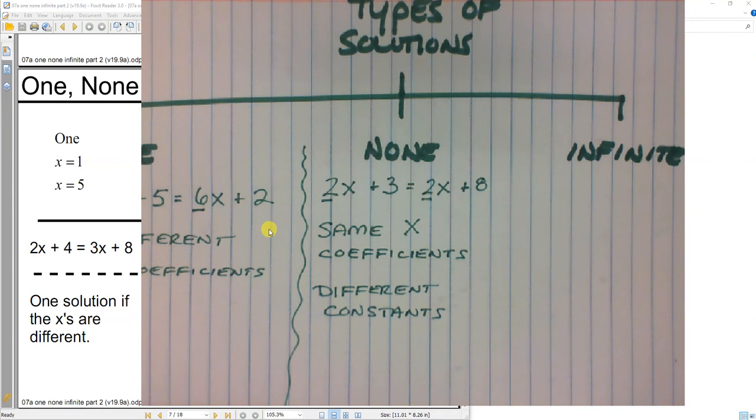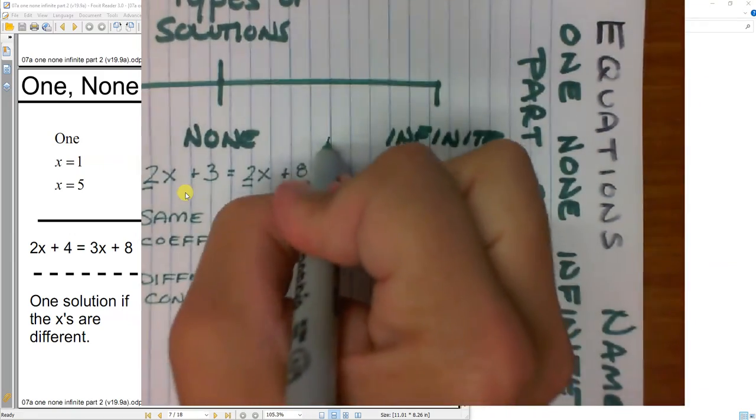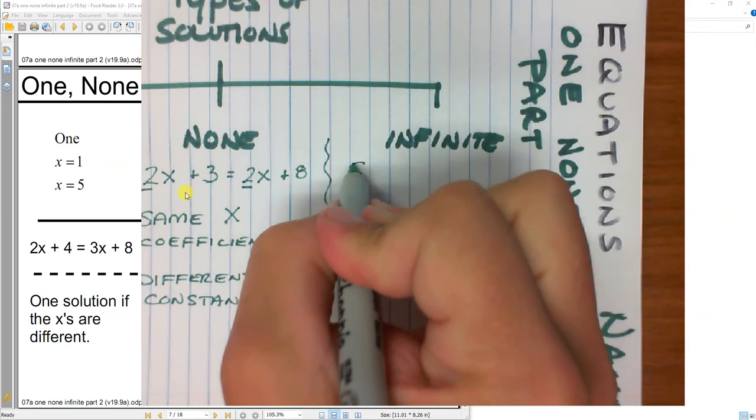When it comes to the infinite, everything's the same, right? Oh, let me give you an example.